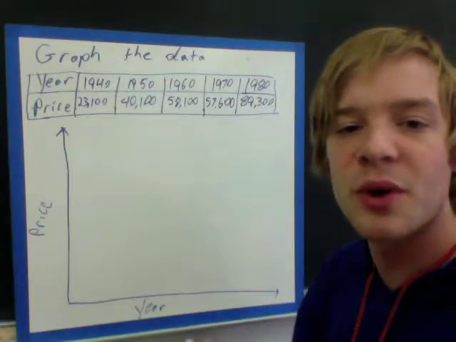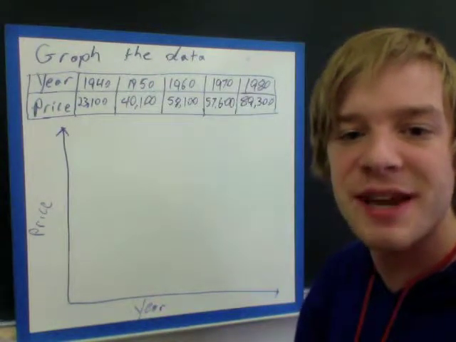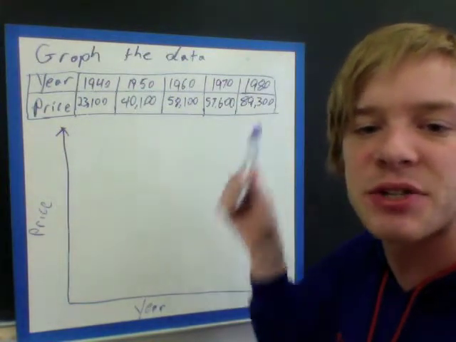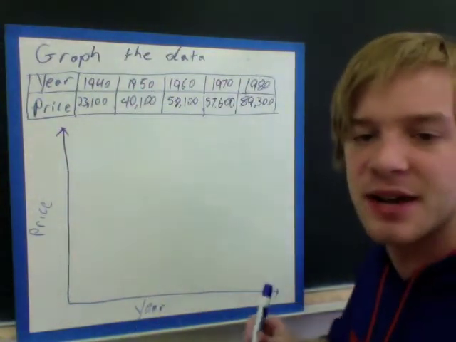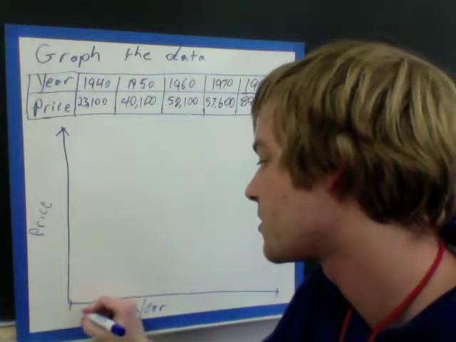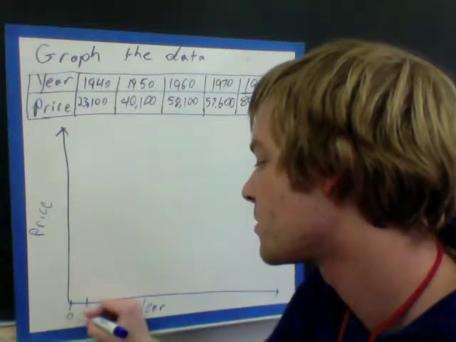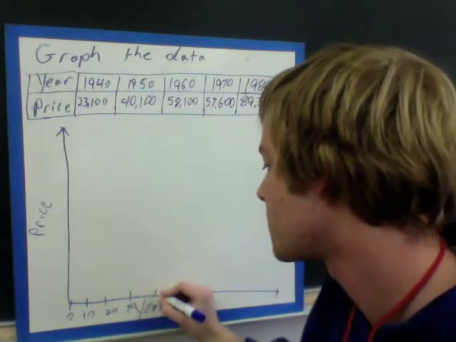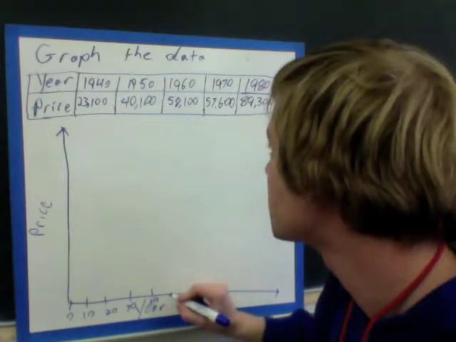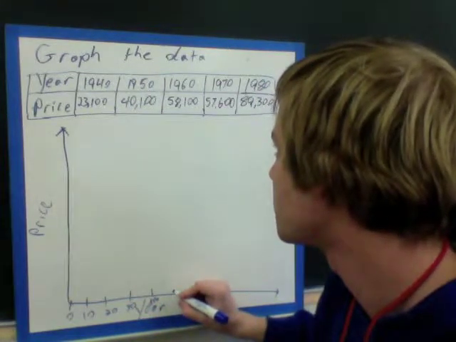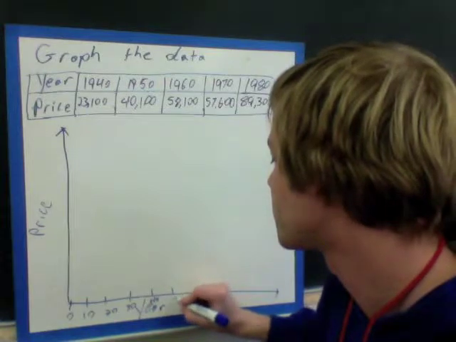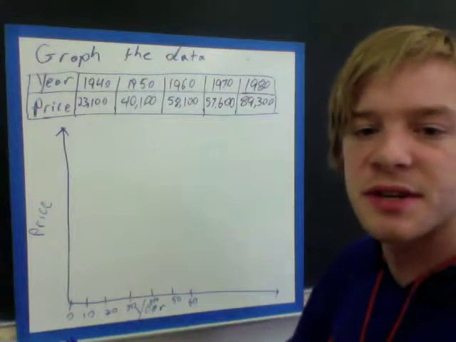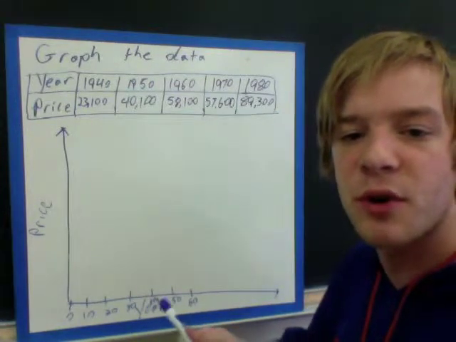Now I'm going to figure out what to go with for my scale. Notice my year is going up by 10 each time, so I'm just going to go by tens down here. I started down here and said 0, 10, 20, 30, 40, 50, 60.